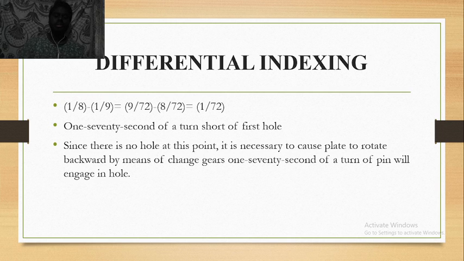So 1/72 of a turn short of the first hole. Since there is no hole at this point, it is necessary to cause the plate to rotate backward by means of change gears. Then 1/72 of a turn, the pin will engage in the hole, and this is how differential indexing is done.